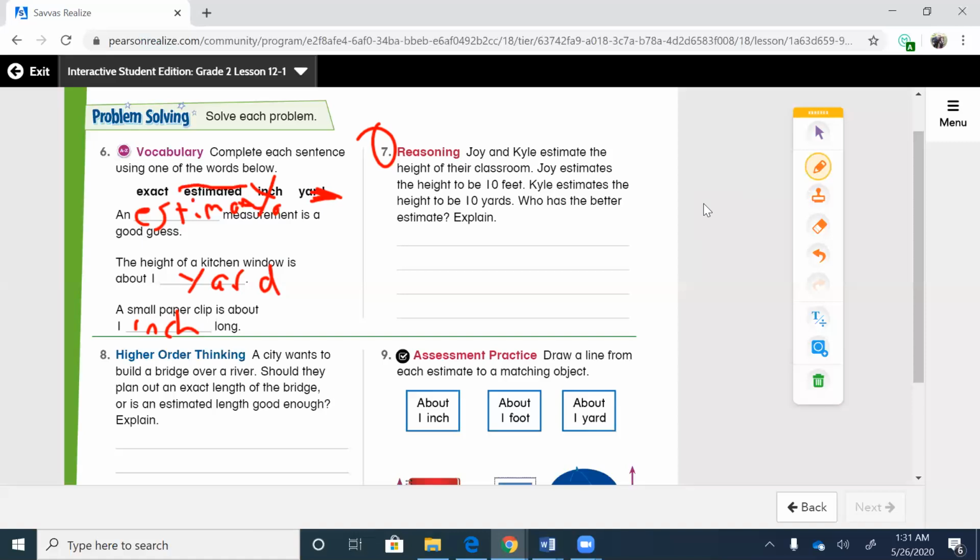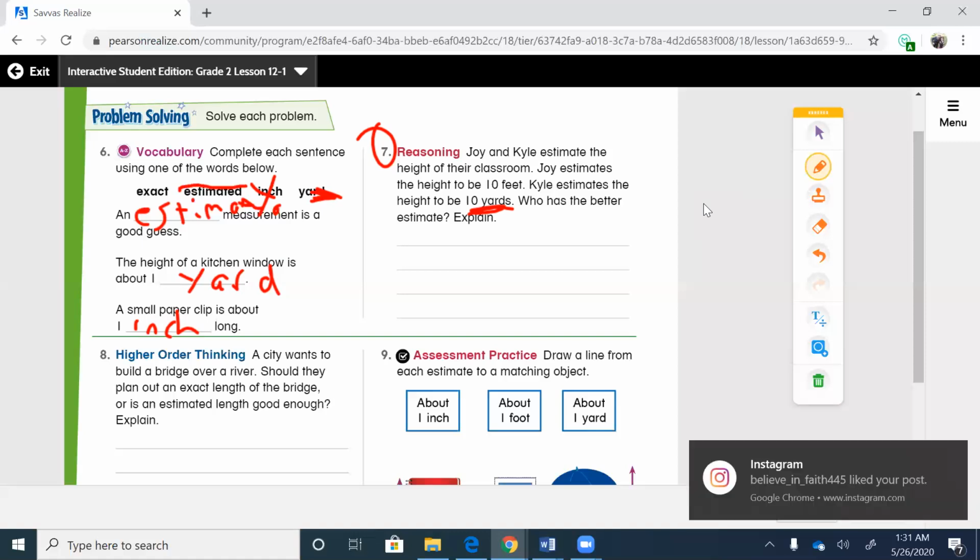Who has the better estimate? Explain. So think about the classroom. 10 feet, and the chair was 4 feet. So our classroom goes pretty high. So the better estimate would be 10 yards. So we can say 10 yards is the better estimate because 10 feet is not very high, right?